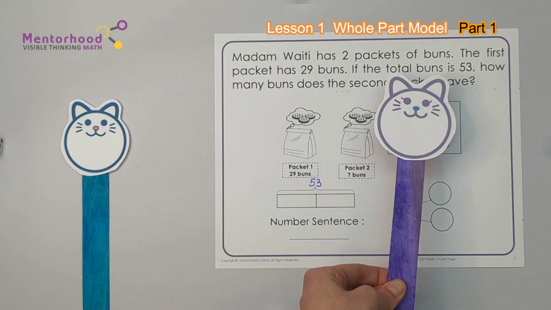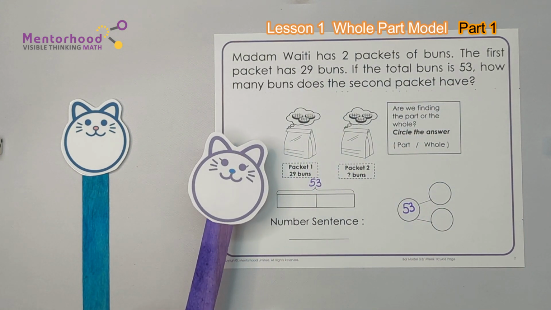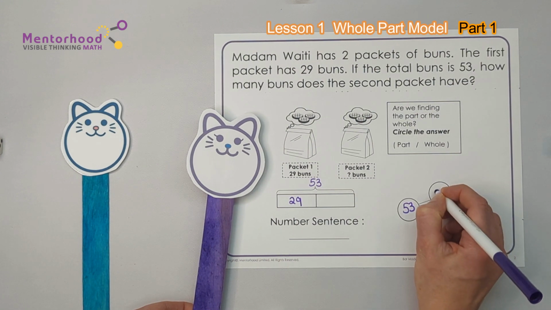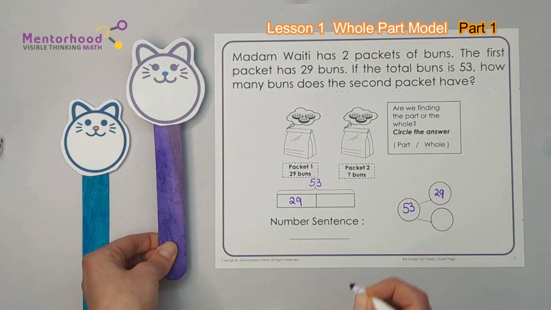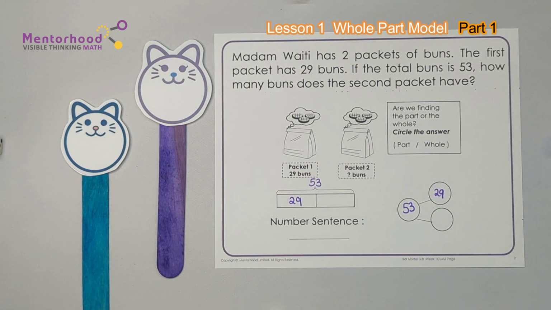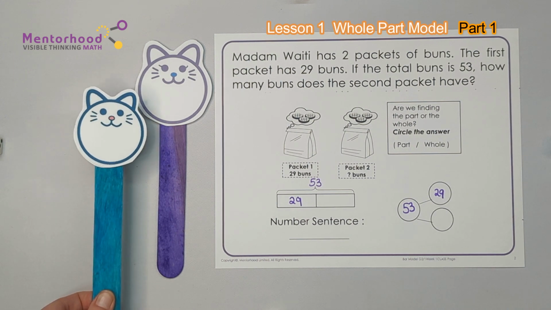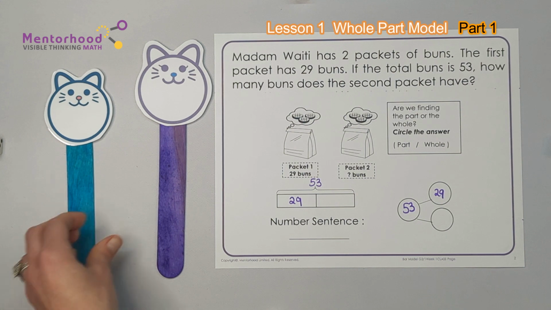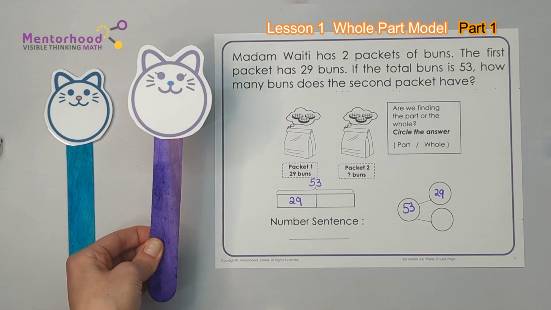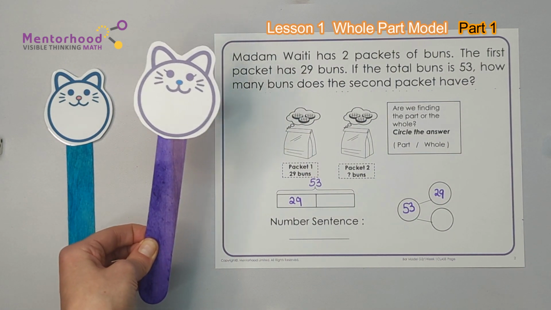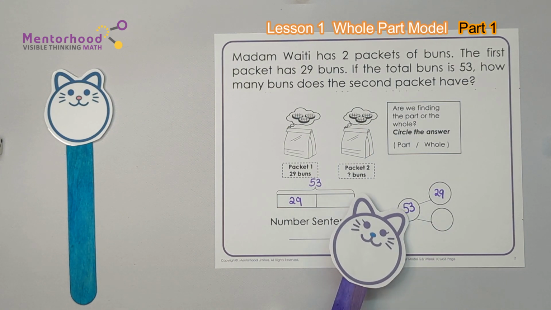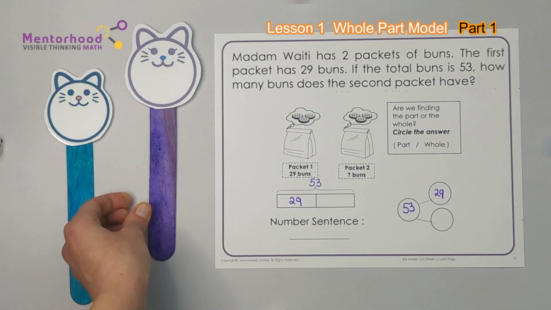Okay, so let's put 29 buns in one of the packets. Okay, now we've got 2 parts of a number bond filled up. That's right, Matthew. And when we have 2 parts of a number bond, how do we get the last part? If it's this part right here, not the total, one of the 2 parts.